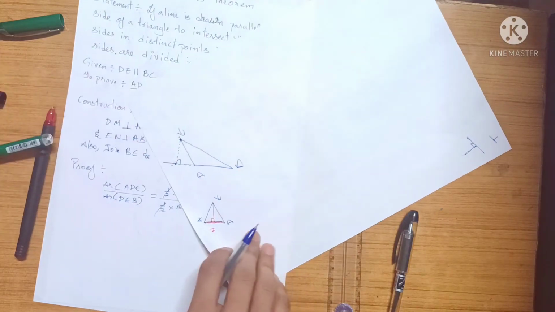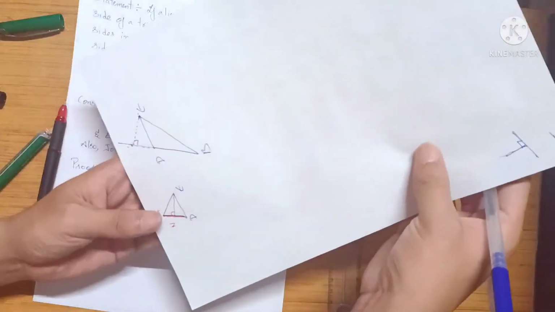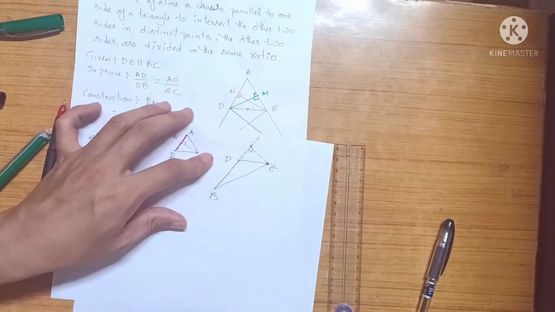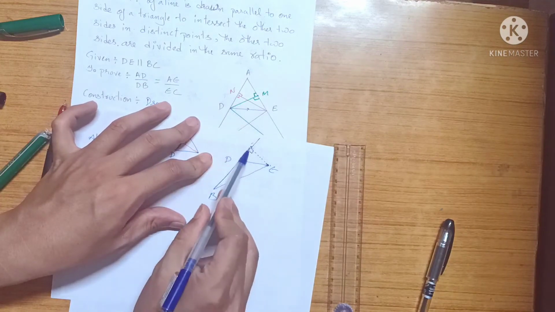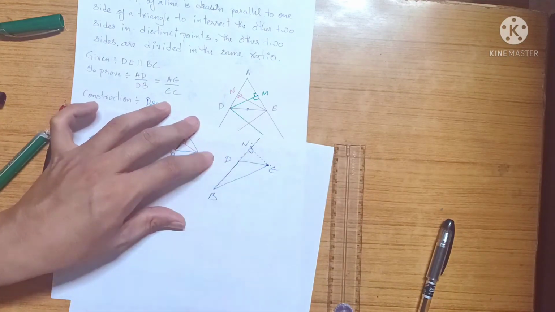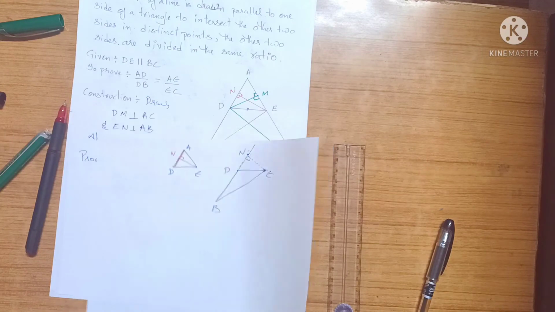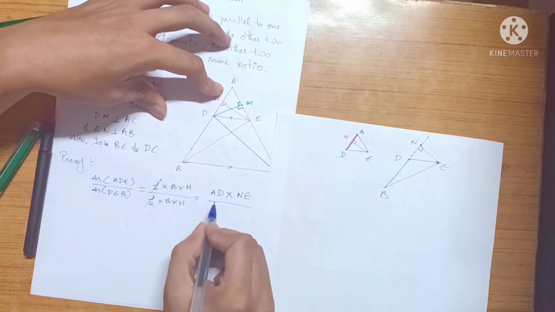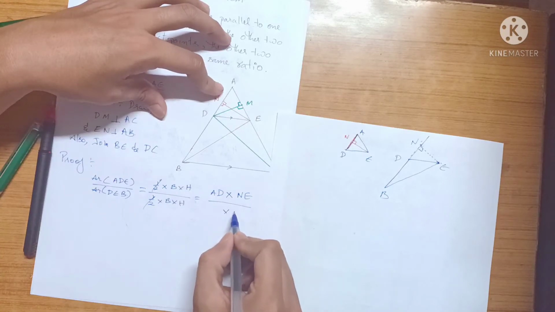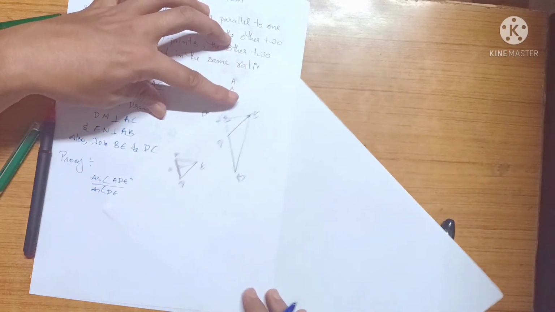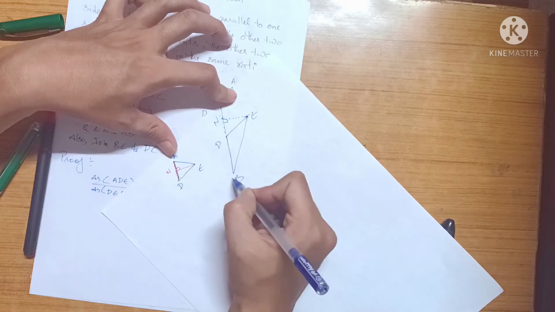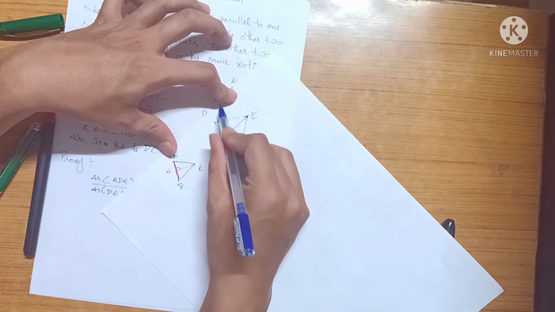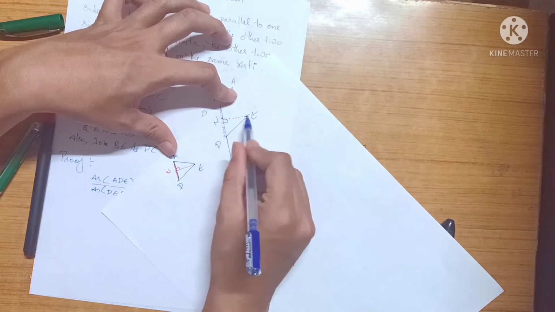So if I reverse the diagram back, this is the height, 90 degree. So the height is NE. That's a 90 degree, right? I hope you understood that. So height becomes NE, and the base, since we're talking about triangle BDE, this part is just an imaginary line drawn so as to calculate the height.